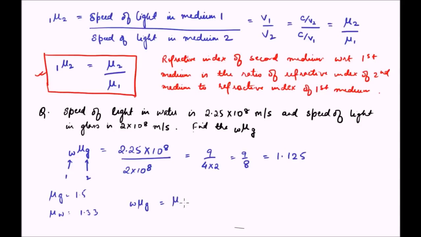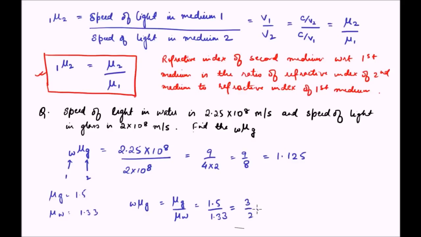So either if you are provided with the speeds in the two mediums, or you are provided with the refractive index of the two mediums with respect to vacuum, we can find the refractive index of one with respect to the other.